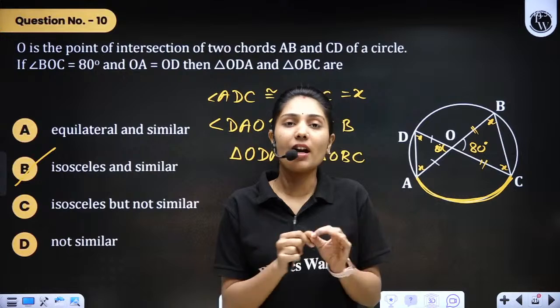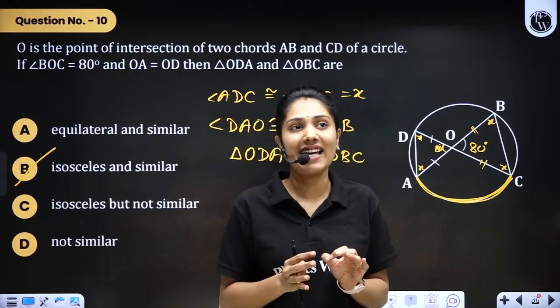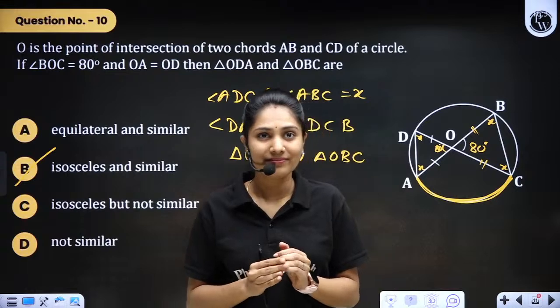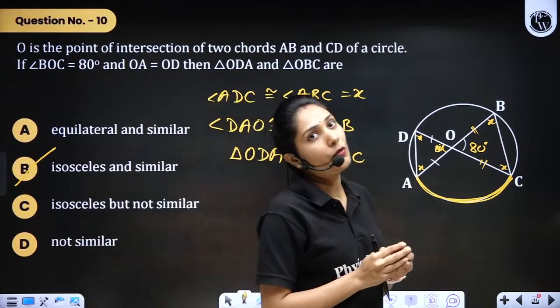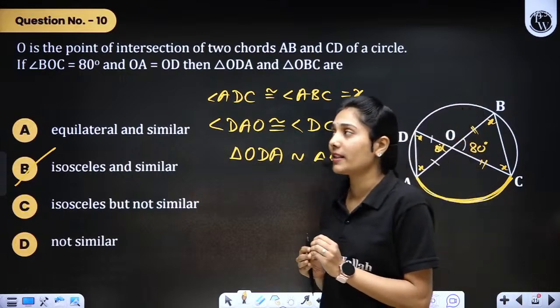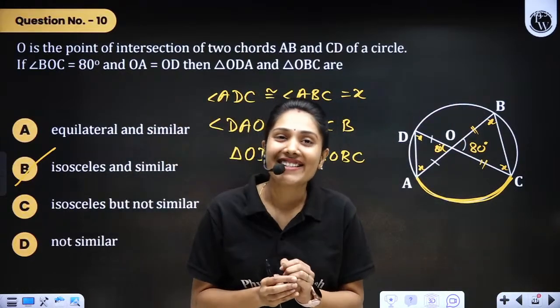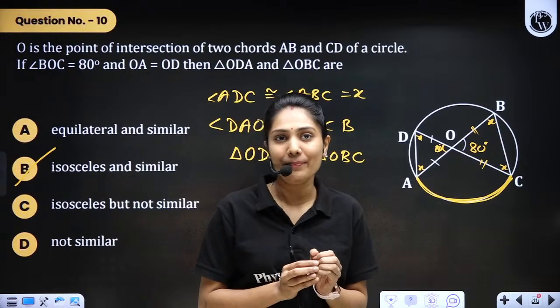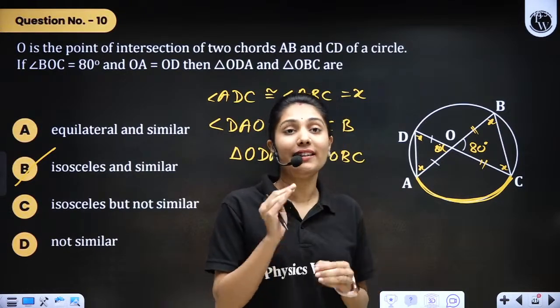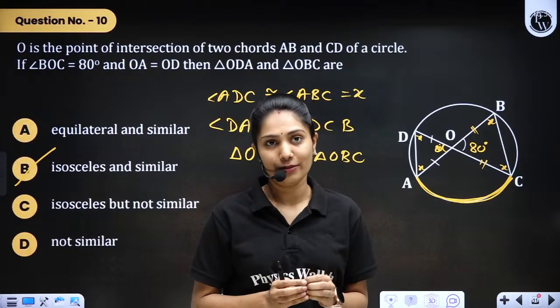We can't comment on the congruency in that case. So don't get confused. If you see all three corresponding angles as equal, don't mention them as congruent. They are just similar until and unless you are aware of the sides. If the sides are equal, in that case only they are congruent, otherwise they are not.